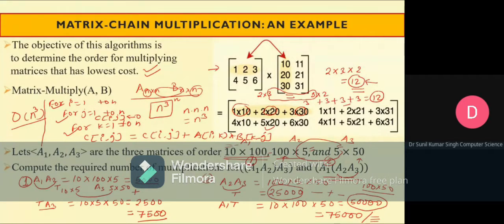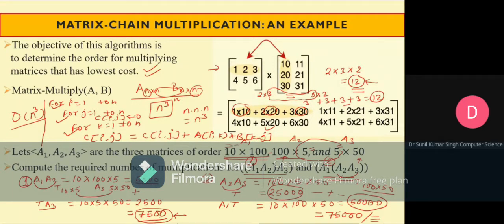So look at here. Matrices are same, a1, a2, a3, and here a1, a2, a3. If we are multiplying in this order, the number of multiplications required are 7,500.